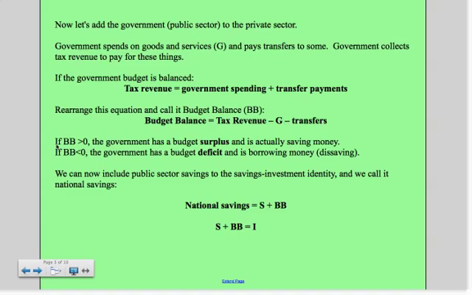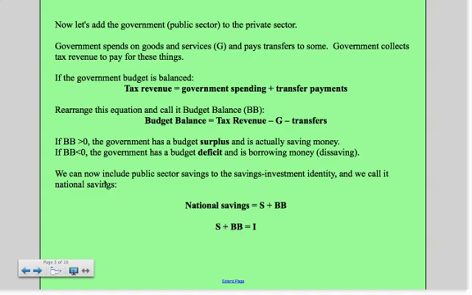So what does this mean? Well, if the budget balance is greater than 0, this amount, then the government has a budget surplus and is saving money. And that's important when we think about the savings component of savings equals investment. Now, if the budget balance is less than 0, the government has a budget deficit and is borrowing money, or dissaving, and it will take away from this side of the equation.